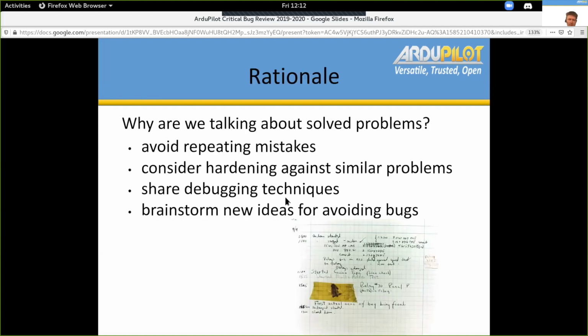So the rationale for actually talking about this, as you can read off the points yourself, is that one of the things we would really like people to be able to help us out with would be actually diagnosing these problems.